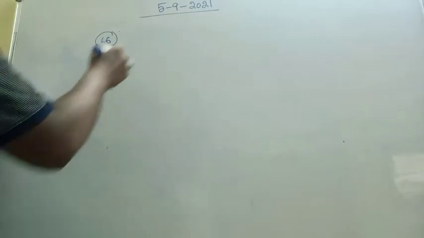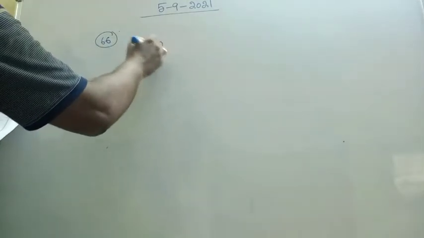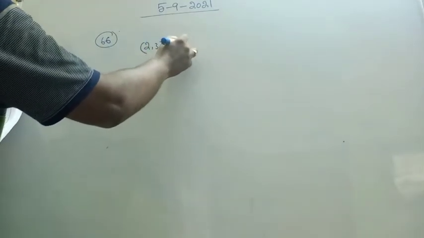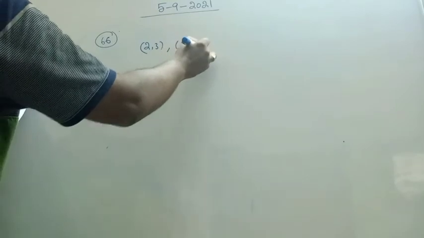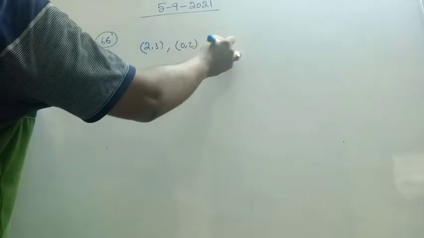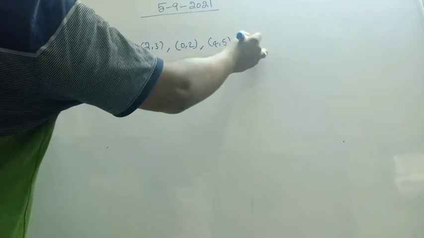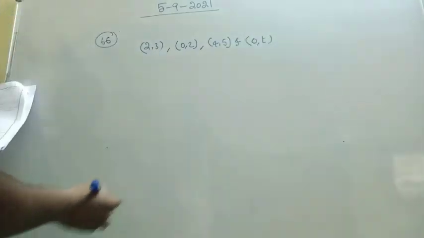Next, my dear students, the 66th problem. They have given the points 2, 3, 0, 2, 4, 5, and 0, t, which are concyclic.